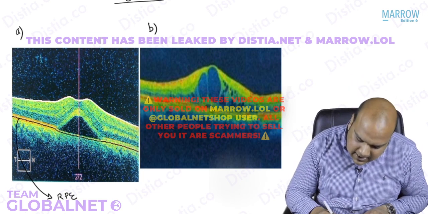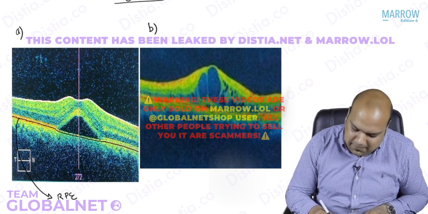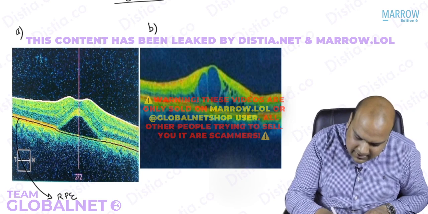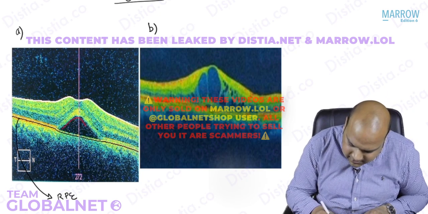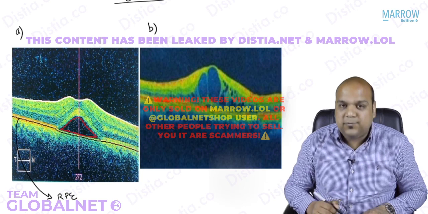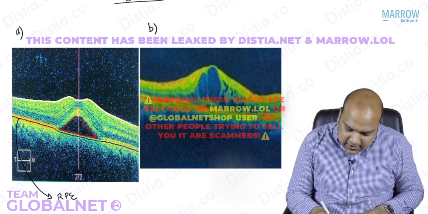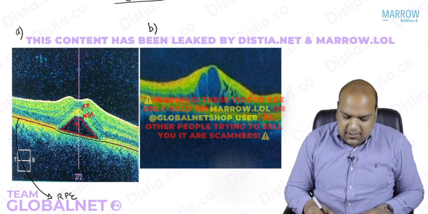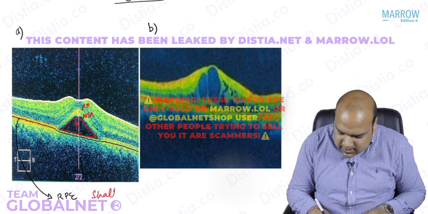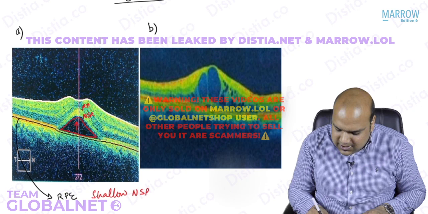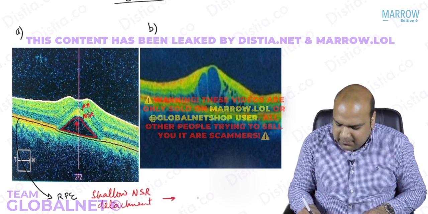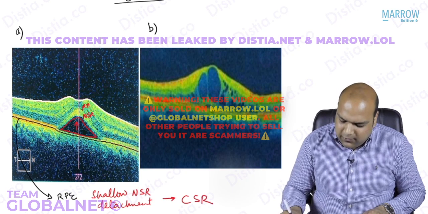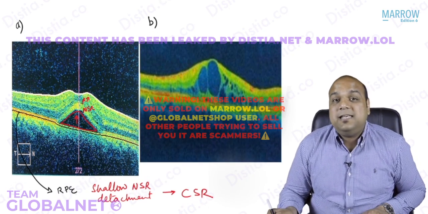We see that RPE is still present, but in the central area here, there is collection of some fluid, due to which the neurosensory retina has been pushed up. So that means this photograph is showing us shallow neurosensory retina detachment. That means this is indicative of a long pending case of CSR.